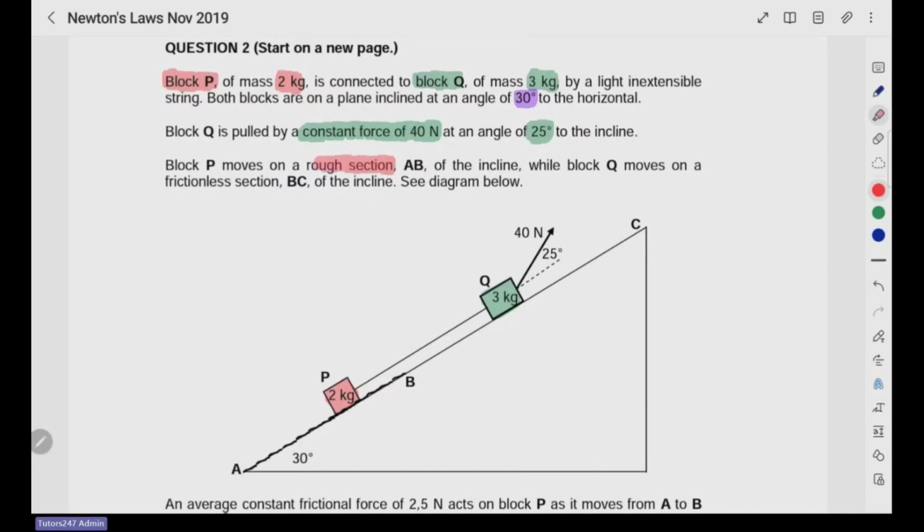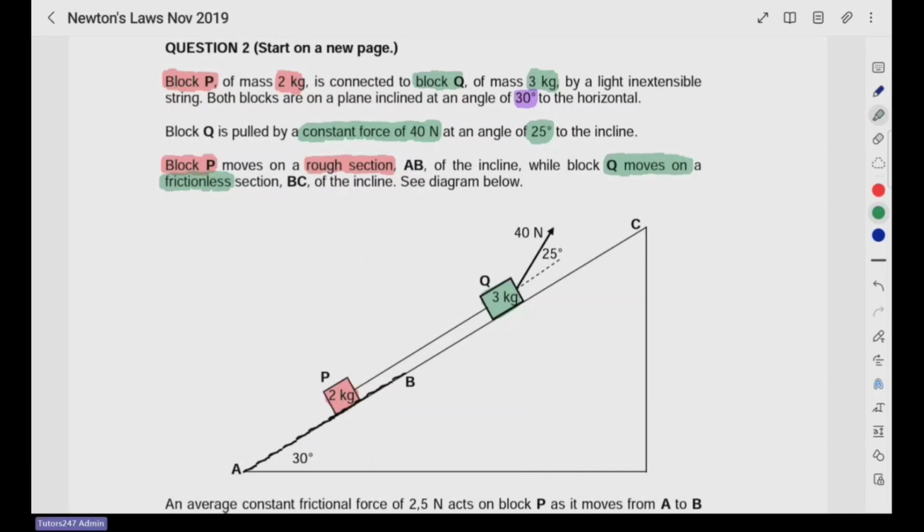So that means there is friction for block P on the incline, while block Q moves on a frictionless surface. That means there's no frictional force acting on block Q. BC of the incline, see the diagram below.